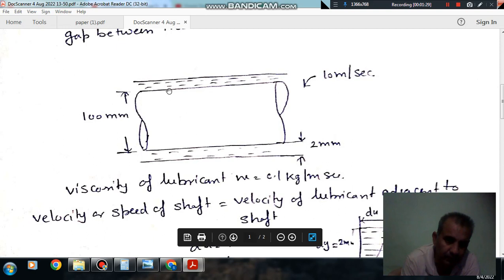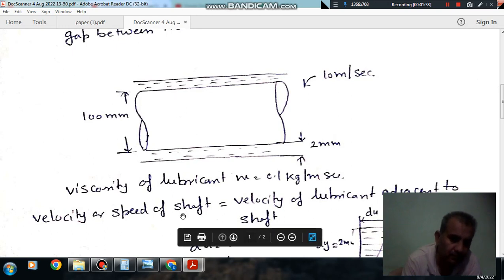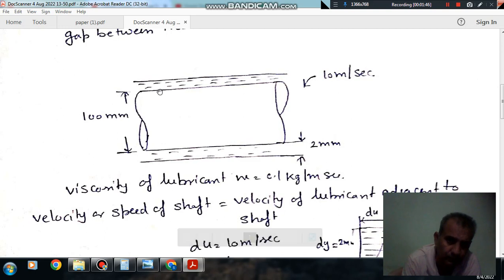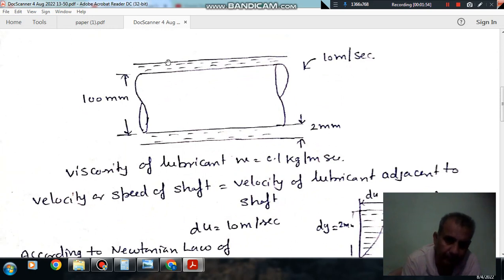The velocity of the layer adjacent to the shaft will be the same as the speed of the shaft. If there is a layer of fluid there, its velocity will be equal to the shaft velocity, and the layer adjacent to the bearing will have zero velocity.